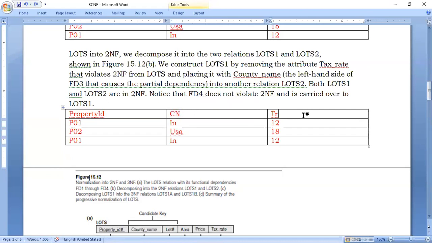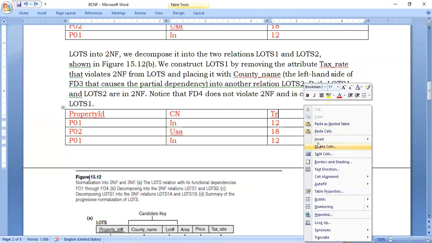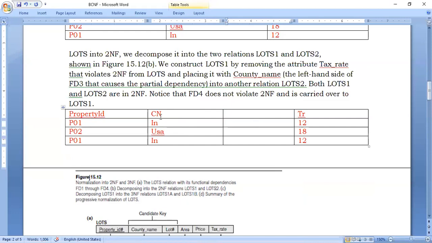So we'll take one more. After country name, here I have area, and then here I have price.